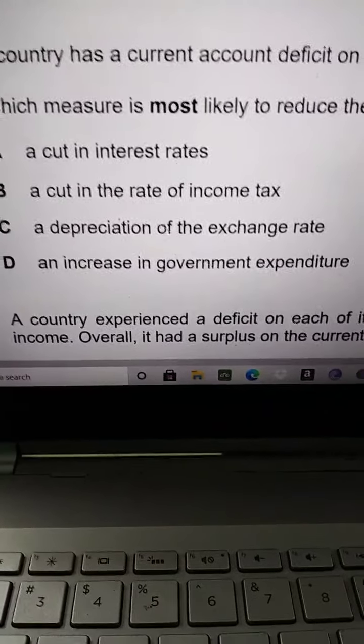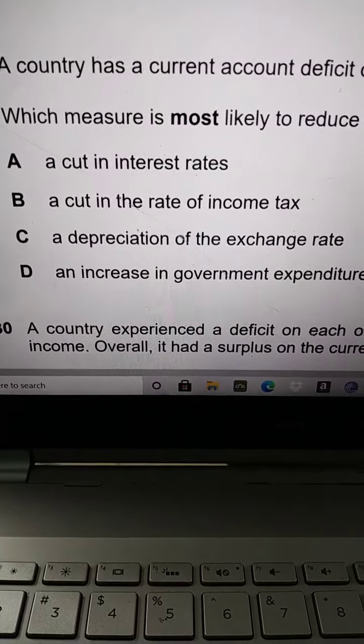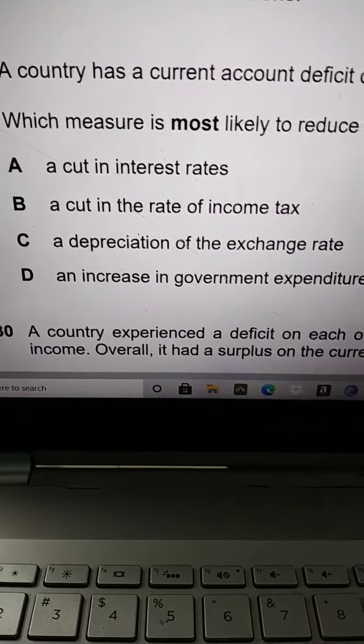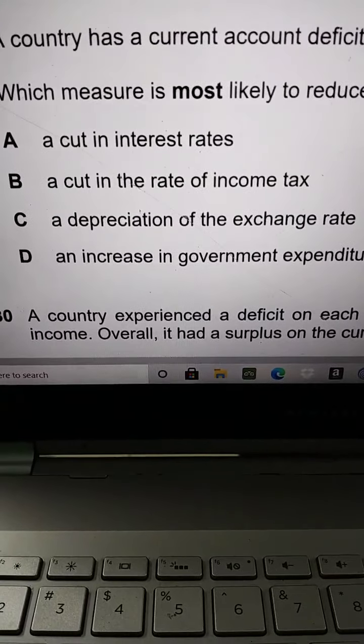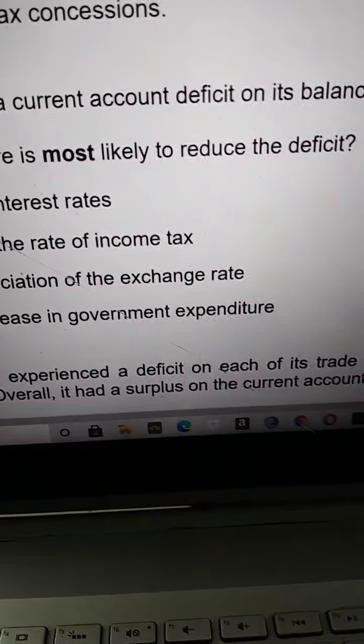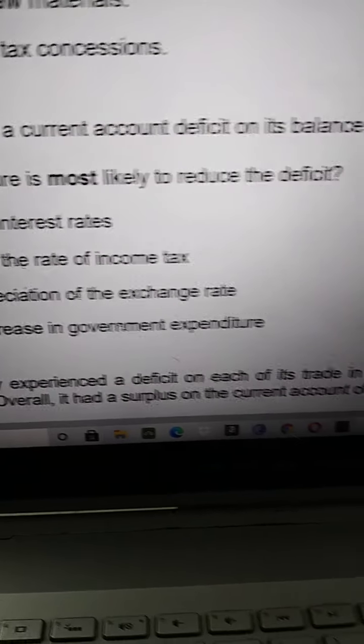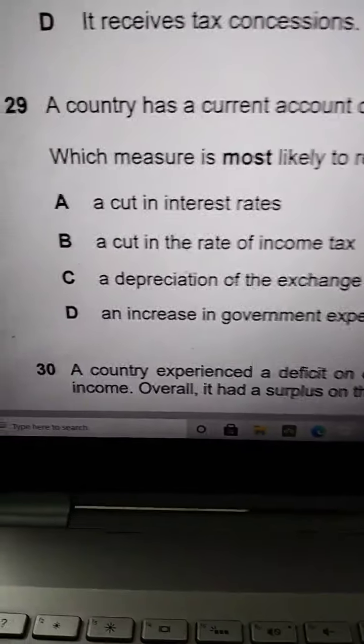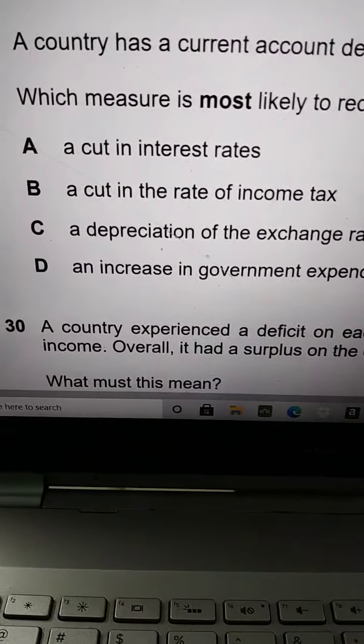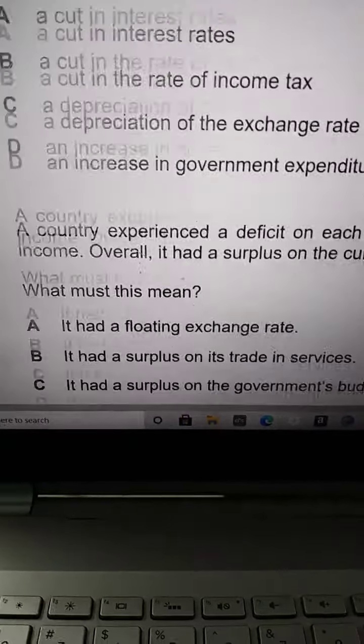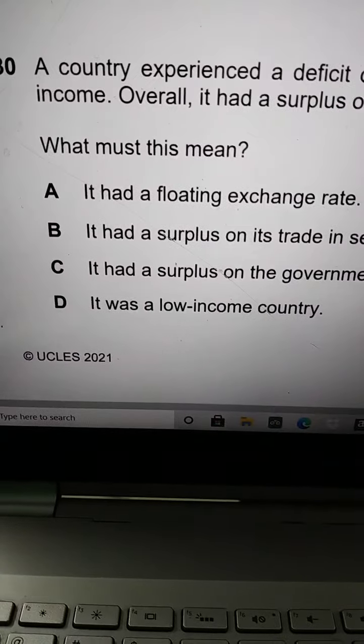For example, many people can buy your product because your product is becoming cheaper. Why? Because there is depreciation. So C is the answer. A depreciation of the exchange rate will reduce the deficit because your exports are becoming more favorable to be sold in the international market.